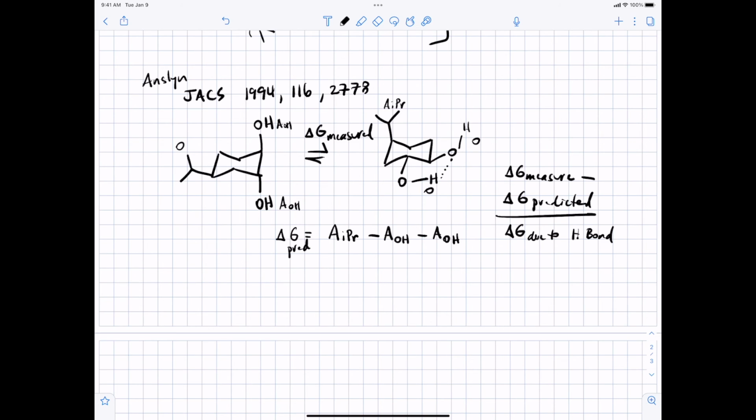There's some stuff in your text about larger rings and transannular interactions. It's worth looking at just to be aware of and know where it is to come back to it. In general, realize that rings in the size of, say, 5 to 7 are going to be considered relatively strain-free, whereas rings smaller are going to be considered highly strained.